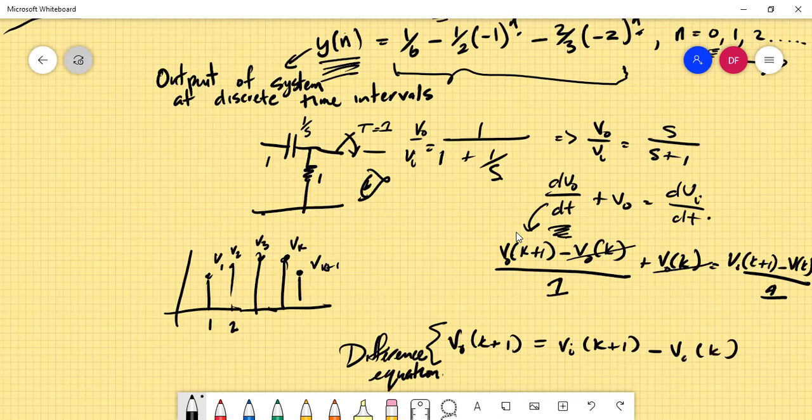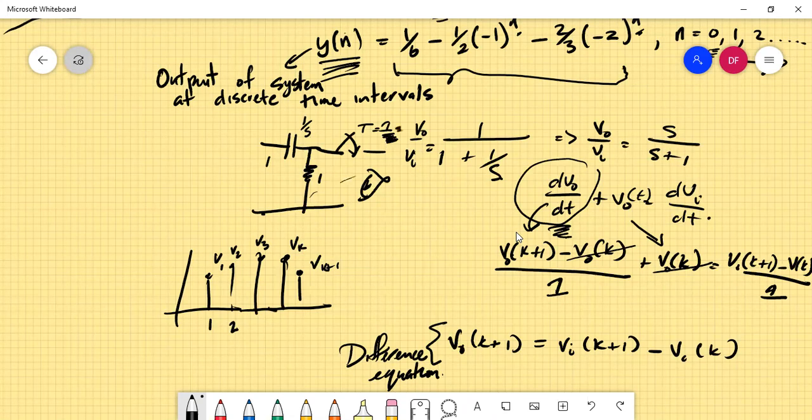So whenever we have a system and we look at it in discrete intervals, we replace dv by dt by the gradient function, and we replace the continuous v out of t by v out at k, where k is 1, 2, 3, 4, 5, 6, 7 times the sampling time. In this case, the sampling time I just chose as 1 second to simplify the mathematics.